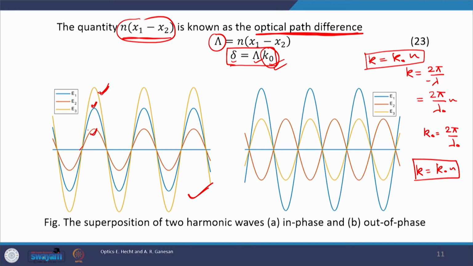Therefore, the crest and trough will appear simultaneously for all three waves. What you see is that the peaks of all three waves are coinciding here, the dips are also coinciding here, and the waves are simultaneously crossing the zero point. Here on the horizontal axis we can consider either x or t, and on the vertical axis amplitude is plotted.